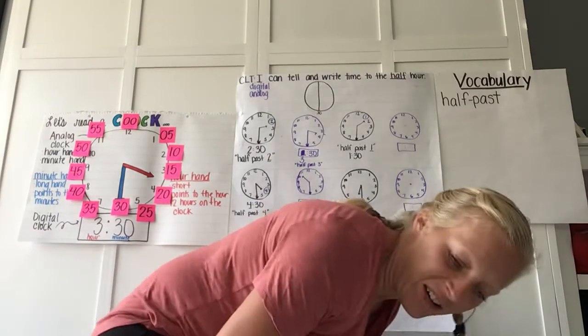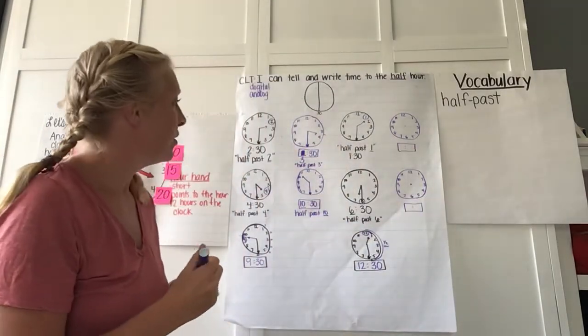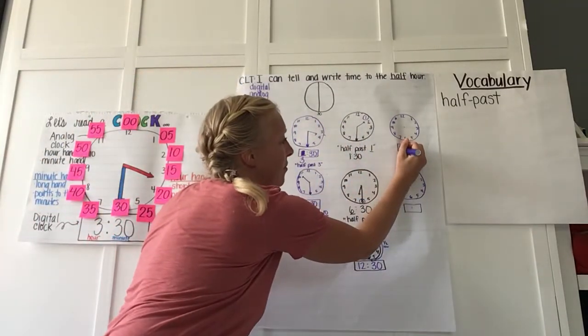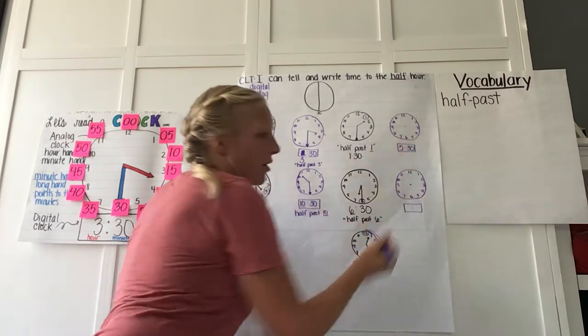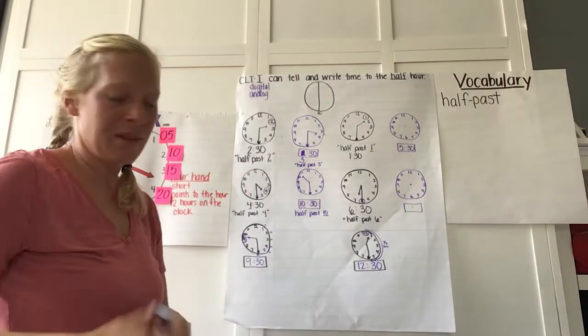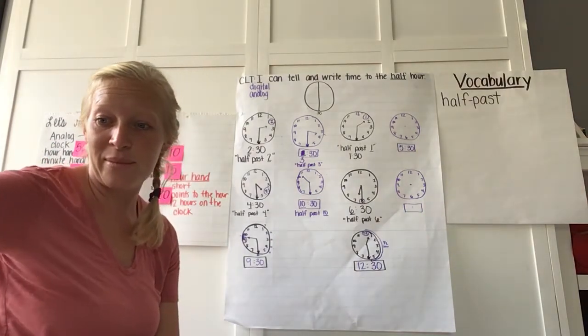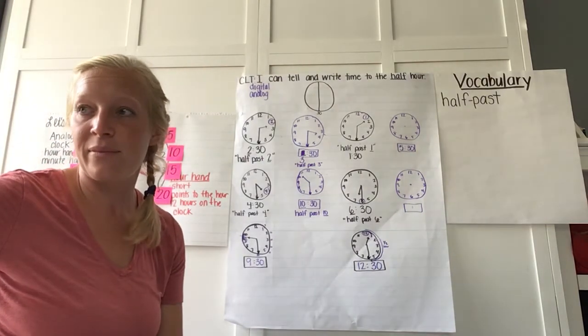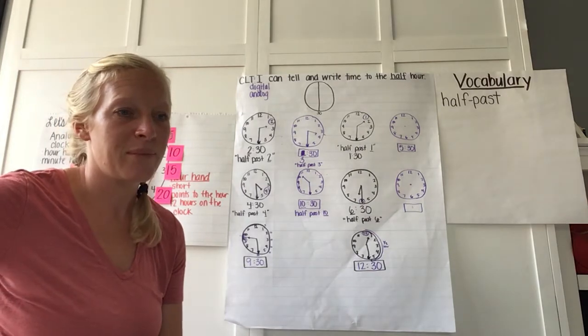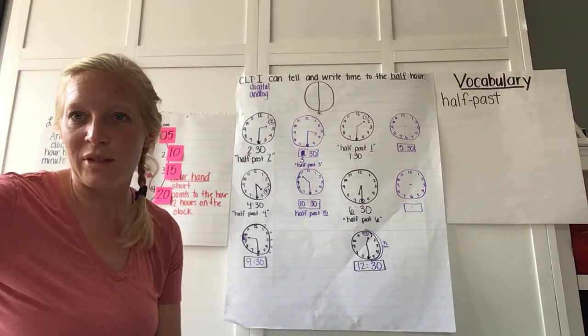Okay, I'm going to give you a couple more. Are you ready? Ooh, all right, let's do this one. There's the digital time. And I want you to show me the analog time. And hold up those clocks for me.